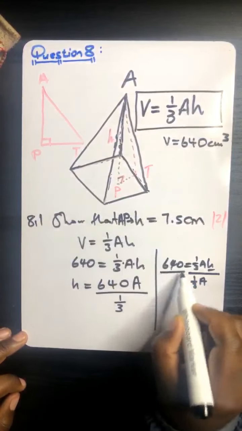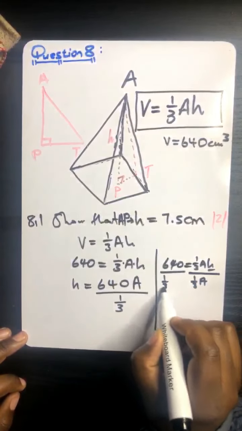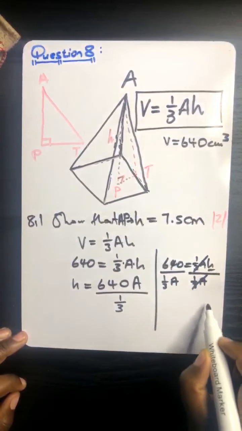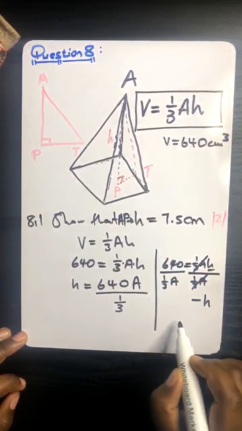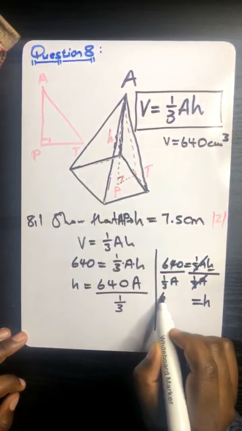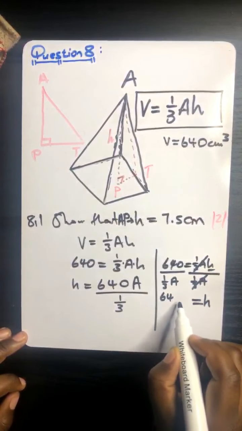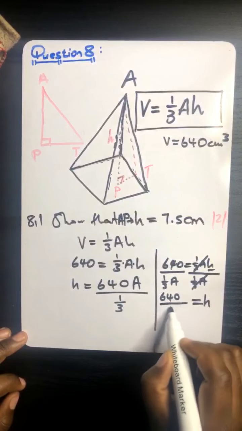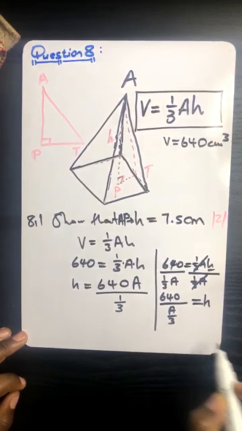Remember, whatever you do on the left, you also do on the right, so that all of this cancels. And then you remain with h being 640 over, this is more like over a over 3.